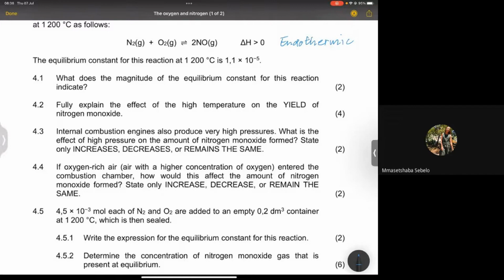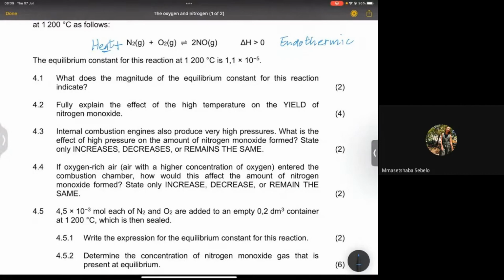So if you think about it, when we say a reaction is endothermic, what it means is that this reaction requires energy in order to react. It means that nitrogen and oxygen will not react on their own without you putting in an external source of energy, heat in this case.